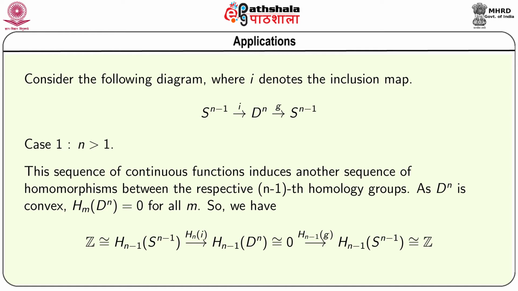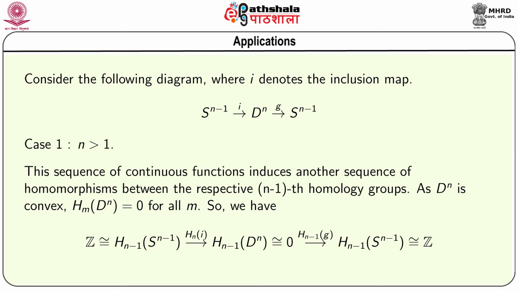So, we have the corresponding sequence of groups and group homomorphisms, that is H(n-1)(S^(n-1)) to H(n-1)(Dn) is the homomorphism H(n-1)(i) induced from i, and H(n-1)(Dn) to H(n-1)(S^(n-1)), we have the homomorphism H(n-1)(g) induced from g.